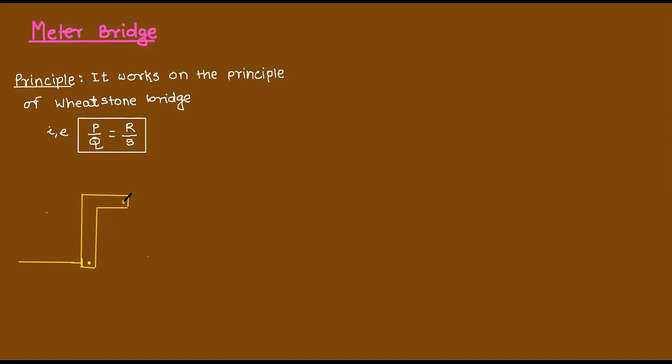Like this, the first strip, and then in between you have to take another strip like this, and then again one more rectangular strip like this, right angle strips you can see.